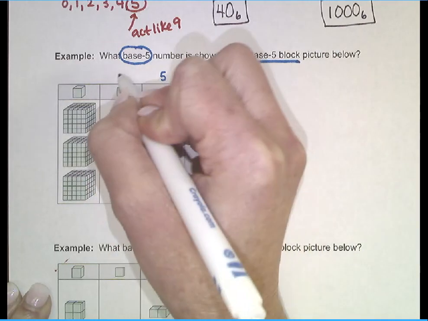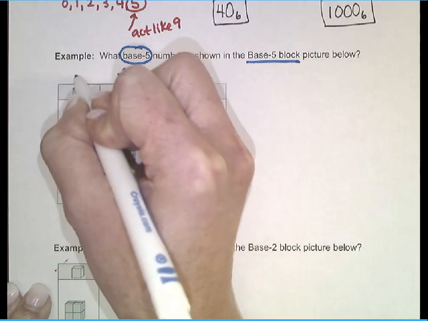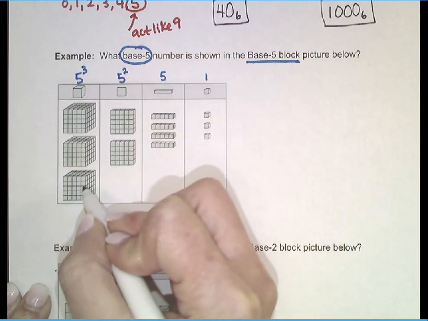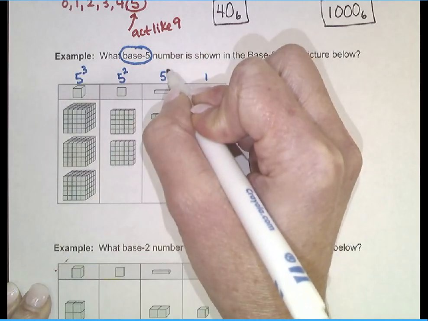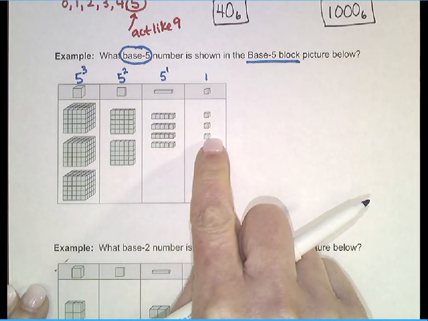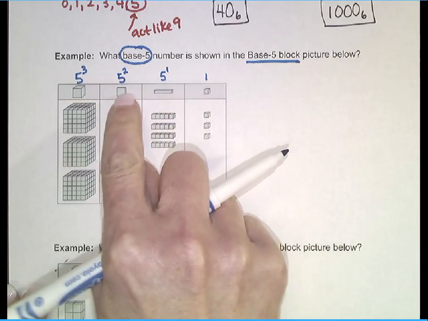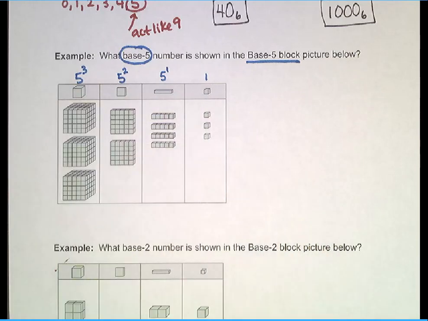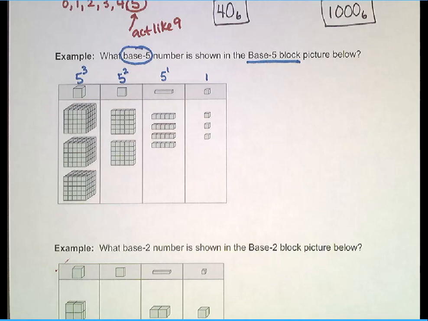They're 5 by 5, so those are 5 squared. And these are 5 cubes, 5 squares, 5 little flat or little skinny ones, sorry, and then you've got your 1s. So 1s, 5s, 25s, and 125s. Okay, when I call it 25 and 125, I'm using base 10 language. We're trying to keep everything in base 5.